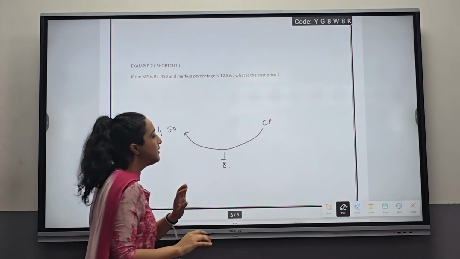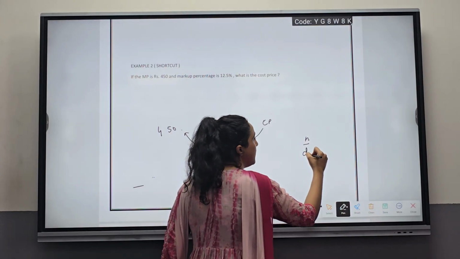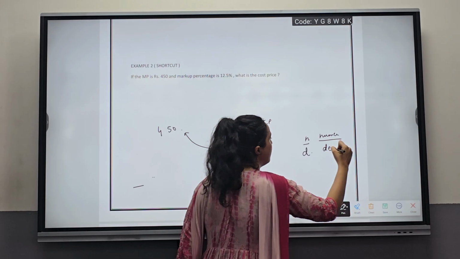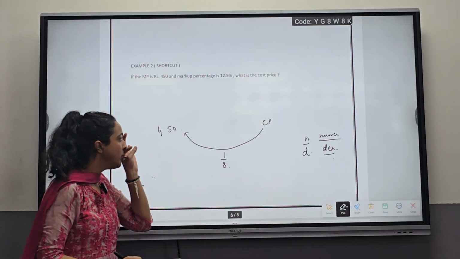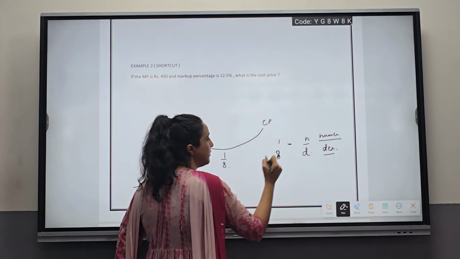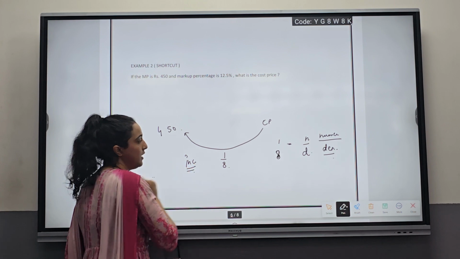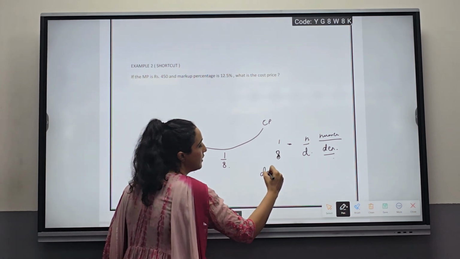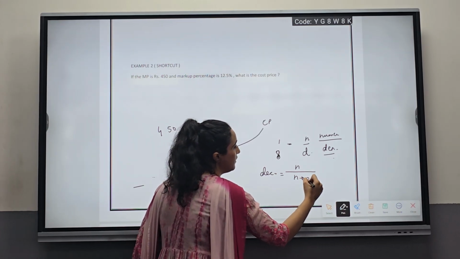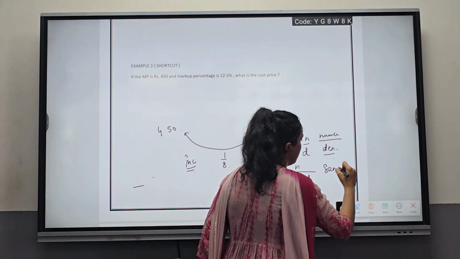To understand this, here is a very simple shortcut for you. If you write the fraction as n by d, that is numerator by denominator, here numerator is 1 and denominator is 8, and you are increasing it by 1 by 8, then you have to decrease it by numerator divided by numerator plus denominator, to get to the same amount.